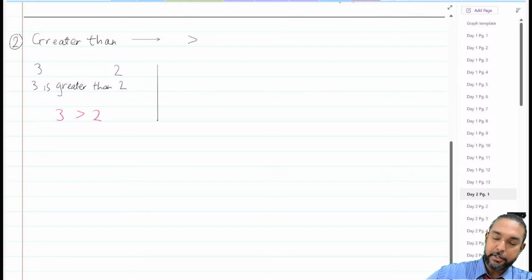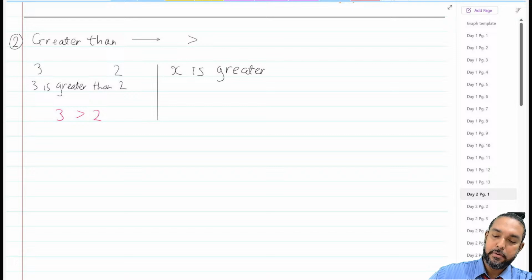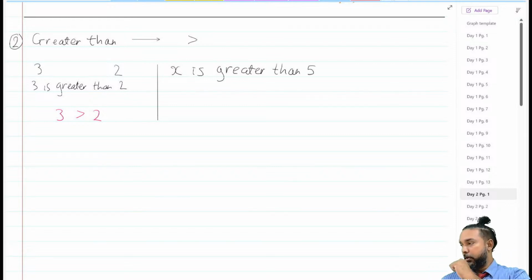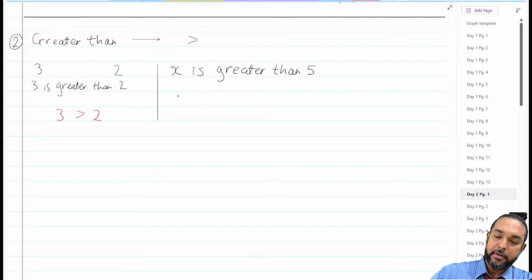All right? And I'll short circuit the little piece of notes. So if we have one saying that x is greater than 5, our inequality statement here would be that x is greater than 5.